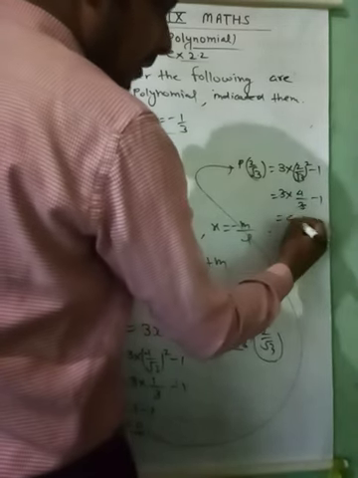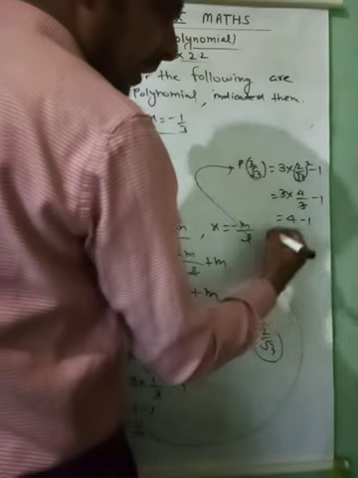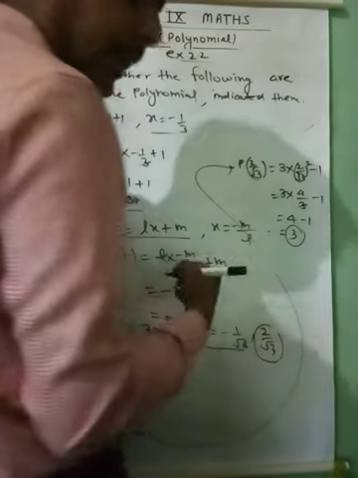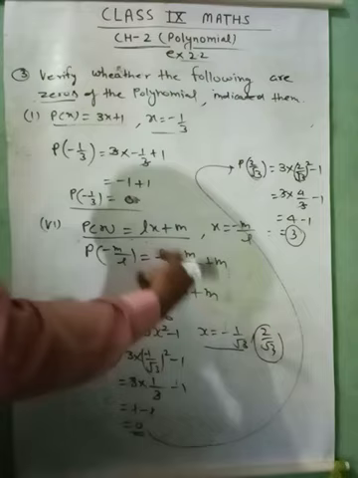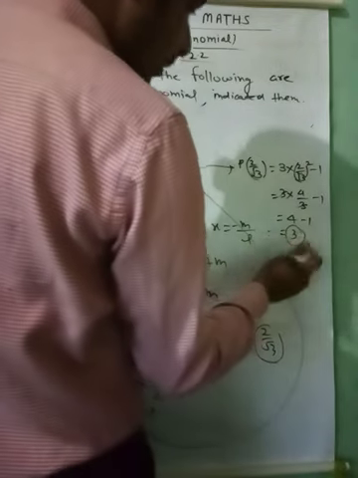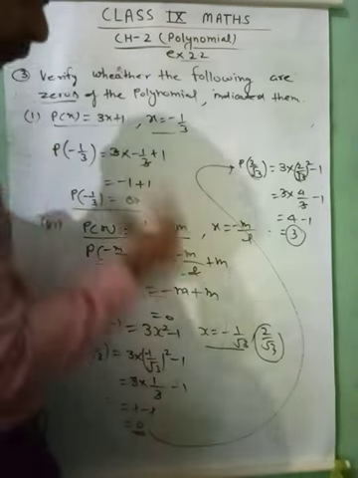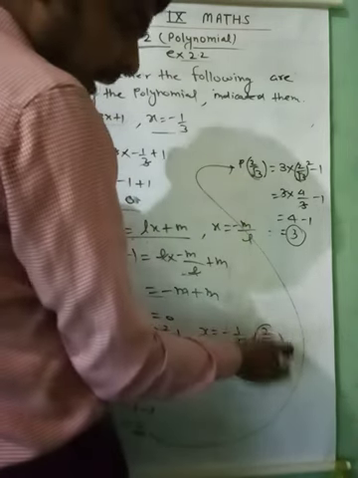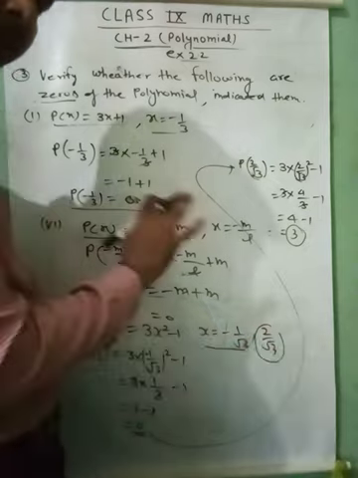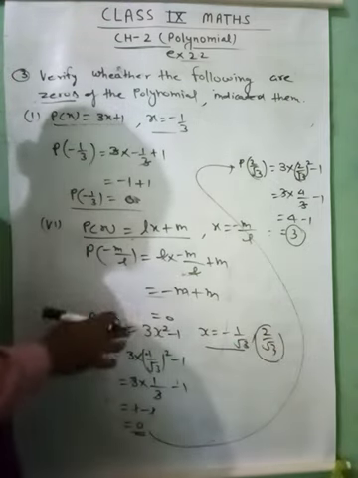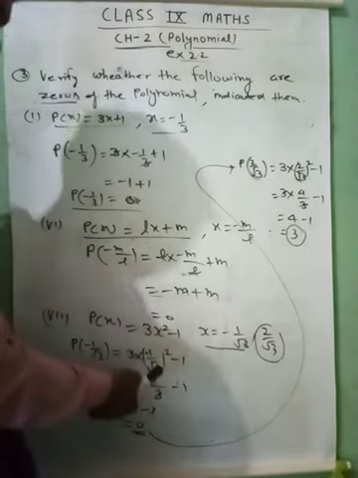This will cancel. It is 4 minus 1. It is 3. We know that here we get the value of this equation is 3. So it is not a zero of this polynomial. Clear? If it were 1 by root 3, it would be a zero of this polynomial.